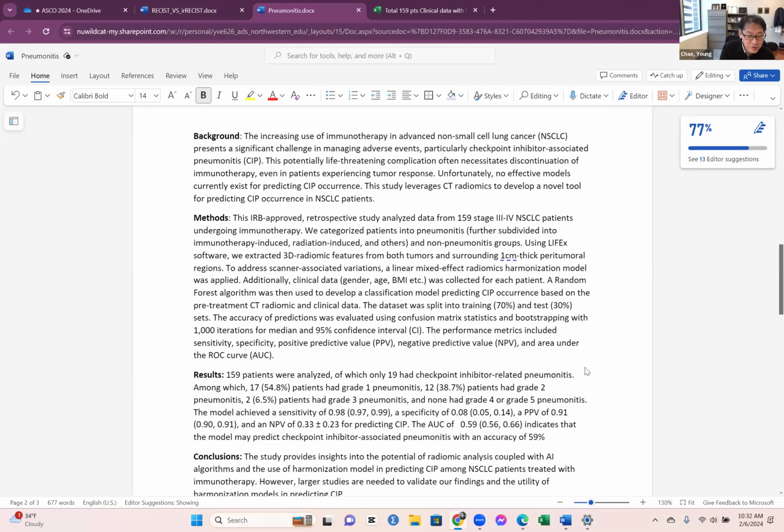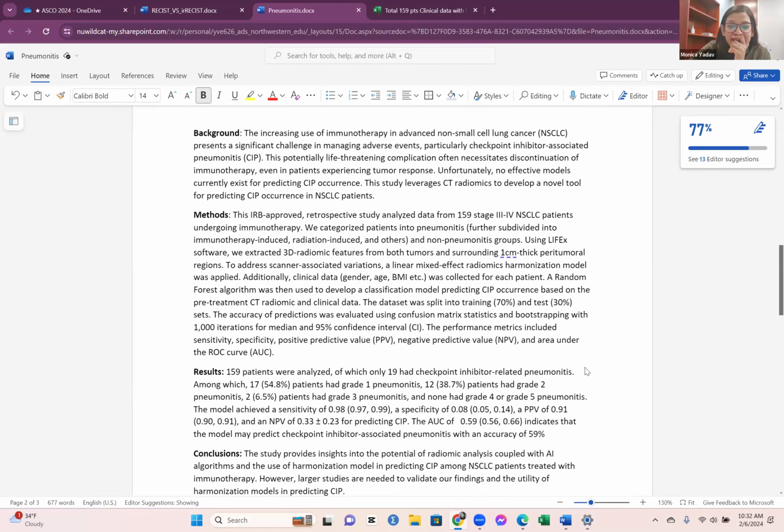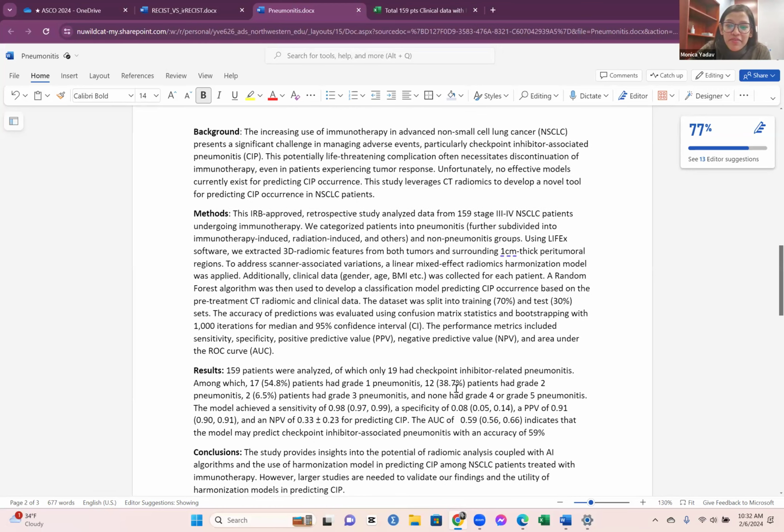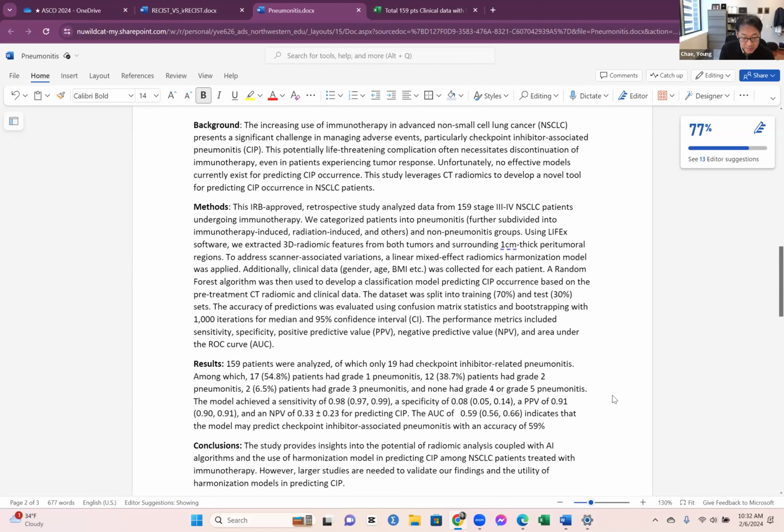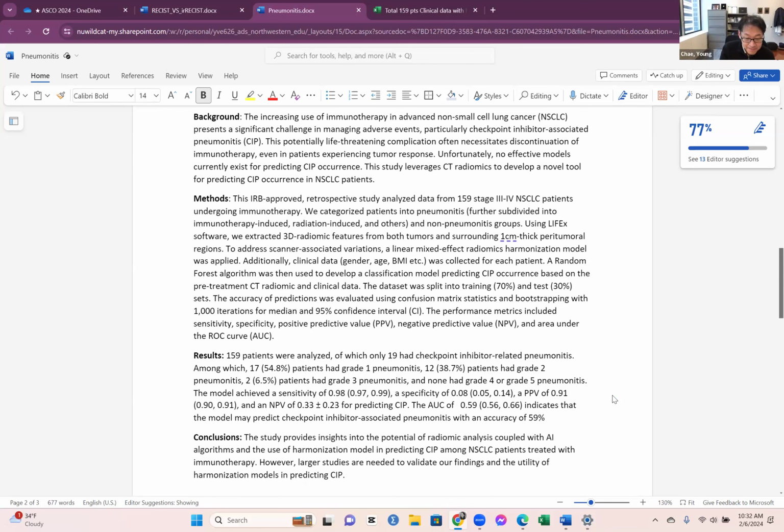Oh, only 2 had grade 3 pneumonitis. Yes. So few. Right. I mean, if we look at the patients among 159, there's only 19, so it's pretty low. Sensitivity, specificity, positive predictive value, negative predictive value, AUC 0.59, accuracy of 59%, potential of radiomic analysis, coupled with AI.